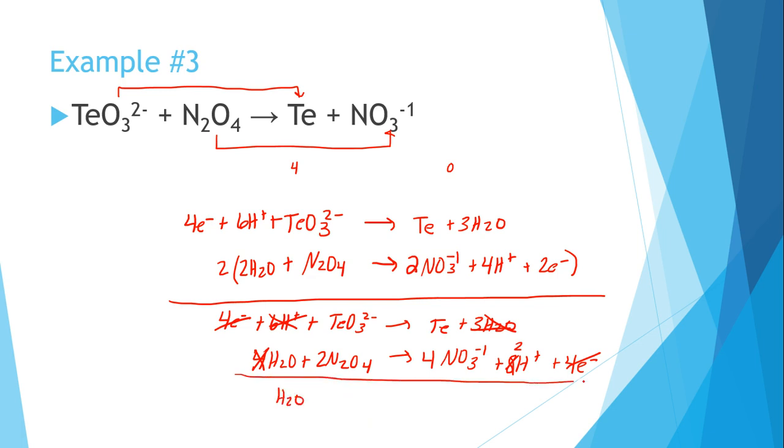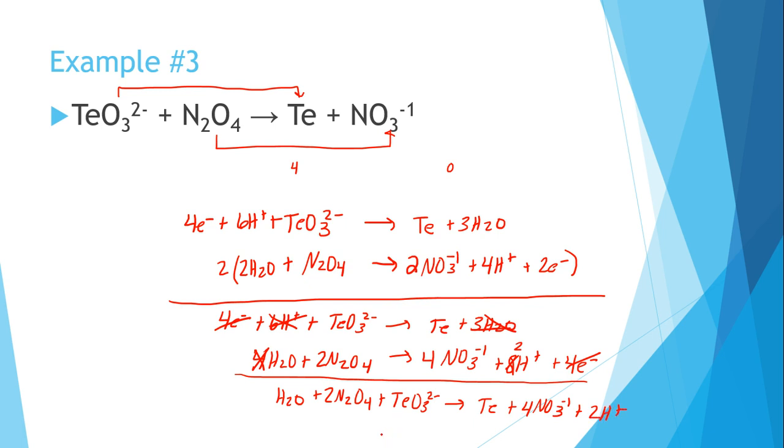We have dinitrogen tetraoxide, and we also have TeO3 negative. This is all going to come out to be tellurium plus 4 nitrates plus 2 H pluses.